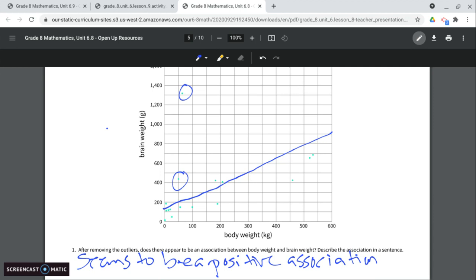So if we calculate the slope between that, 500 minus 300 over 300 minus 150. 500 minus 300 is 200. 300 minus 150 is 150. And 200 divided by 150 is 1 1/3. So around 1 would be our slope.